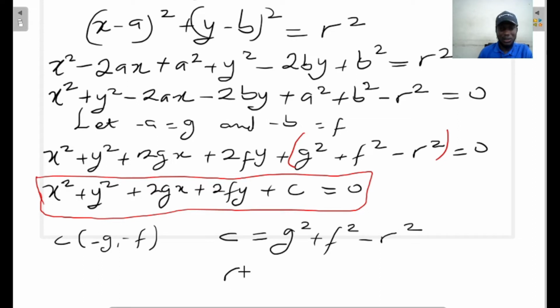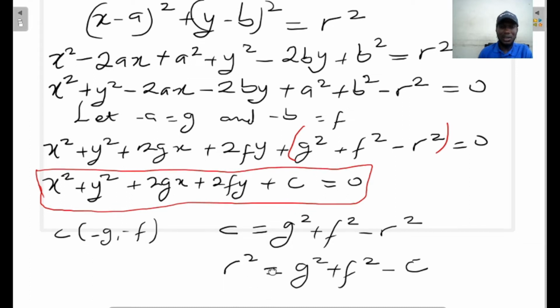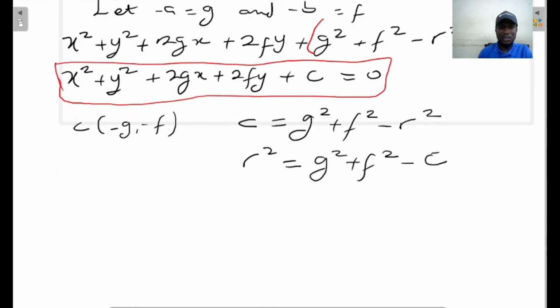So r squared will be g squared plus f squared minus c, and taking the square root of both sides, r equals the square root of g squared plus f squared minus c.